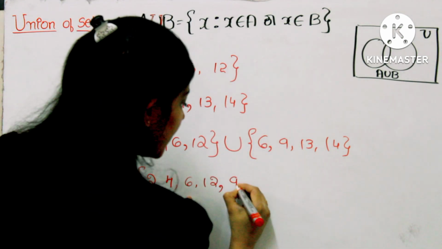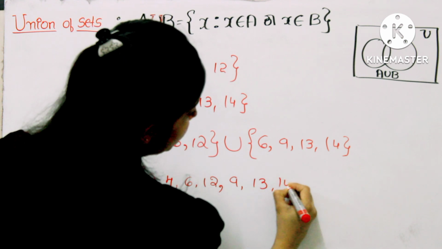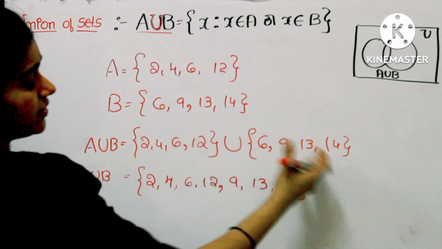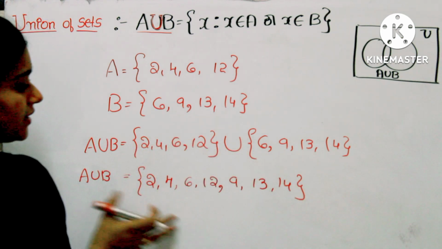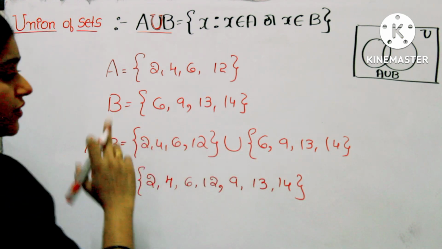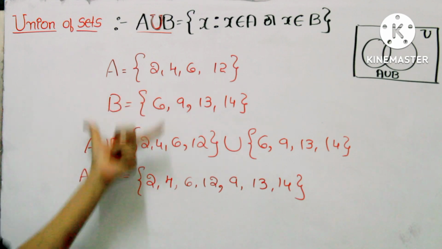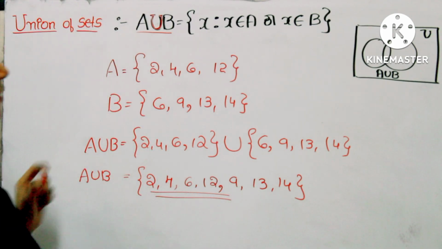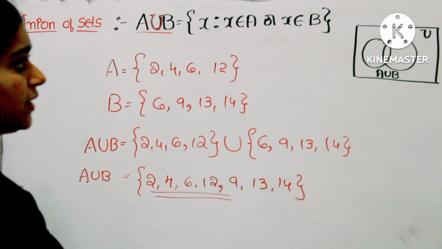What is remaining? 9, 13, 14. So the elements are either in A or in B. You have to combine the elements of A and B, and that is A union B. These are the steps to find A union B.